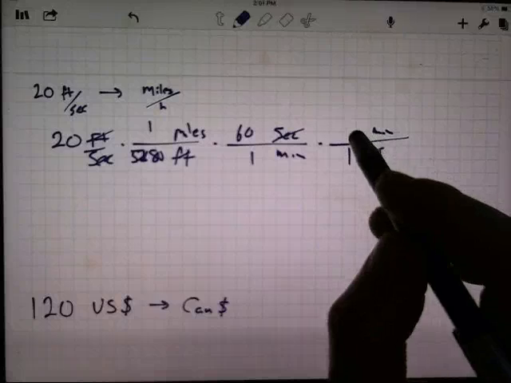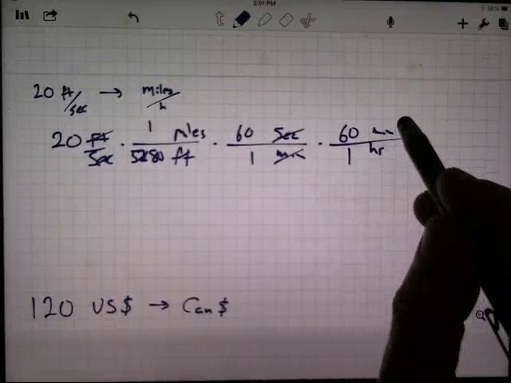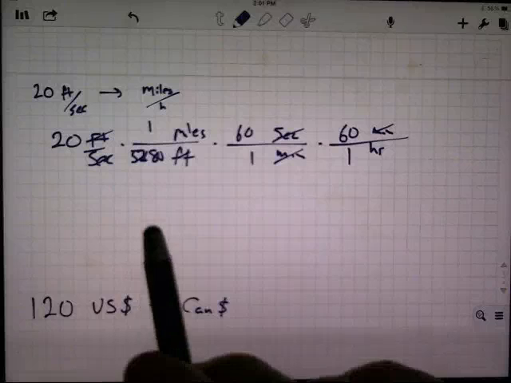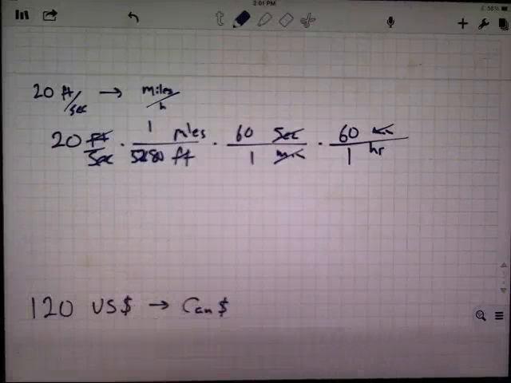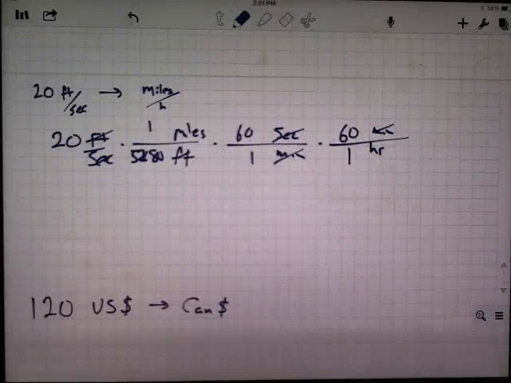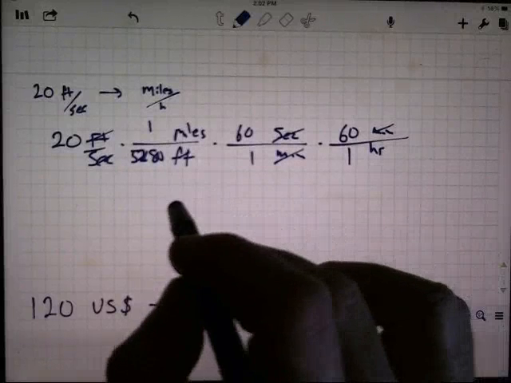And 1 hour is the same as 60 minutes. As long as I make sure that my labels cancel out, then I'm either multiplying or dividing appropriately here, right? So what I have is 20 times 60 times 60 divided by 5,280.